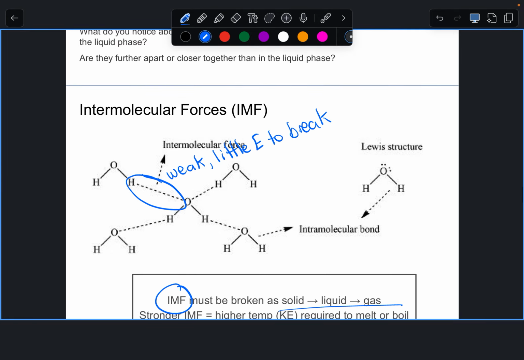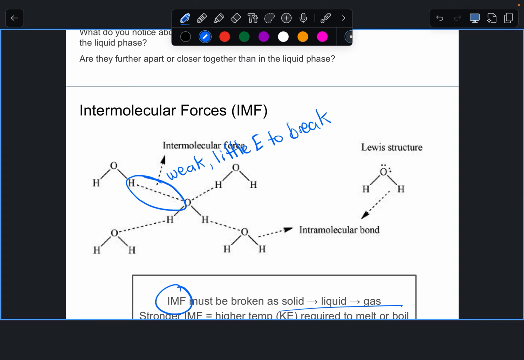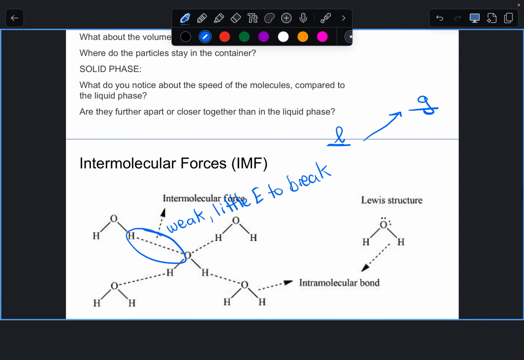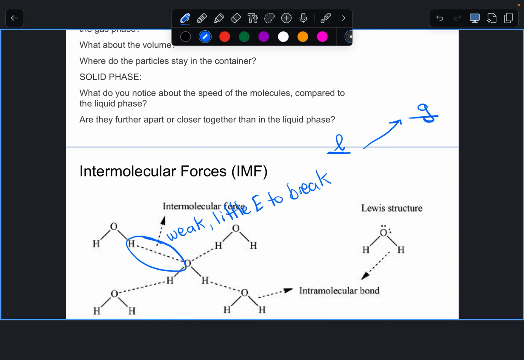So we could even draw an energy diagram to show, here's our liquid, and it would have to go up in energy to become a gas. We need energy for that process to occur. And that amount of energy is related to how strong it is.